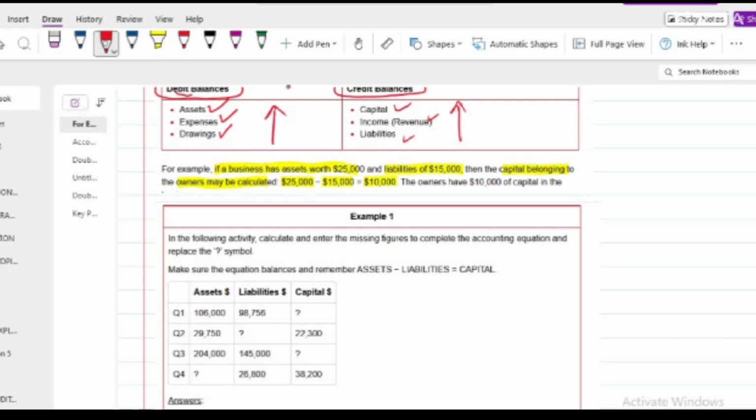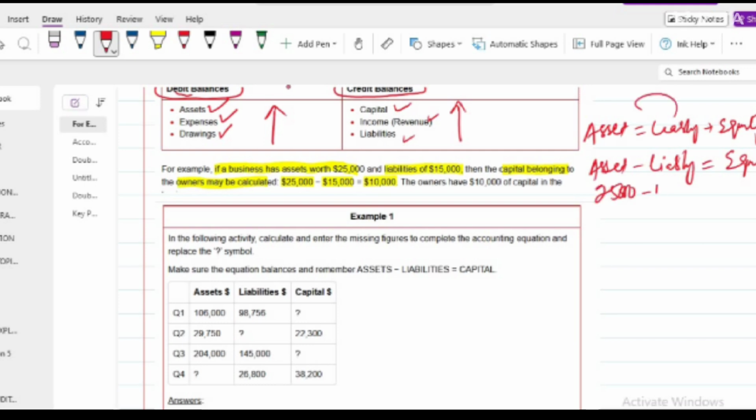Assets equal liabilities plus equity. So when you are looking for the equity figure, you just shift the liability to the other side, and the sign changes to negative. So 25,000 less 15,000, and the equity will be 10,000. This is the clear answer. Now the owner will have 10,000 of capital in the business. Clear?